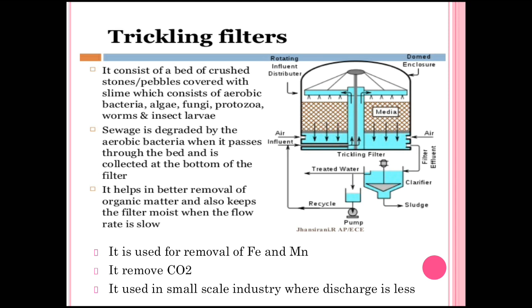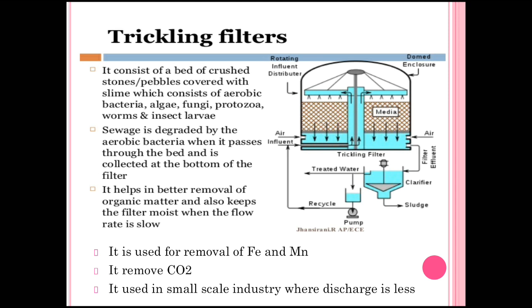Then there is a dome enclosure. When water is inserted into the trickling filter, the above part is allowed to sprinkle or rotate so that the water is sprayed over all the media and the oxygen is again dissolved in that water.